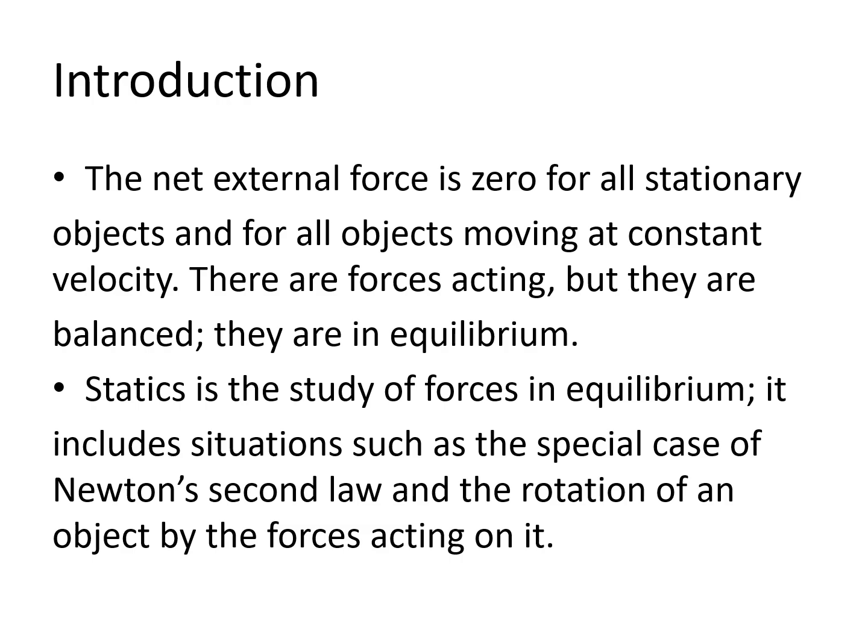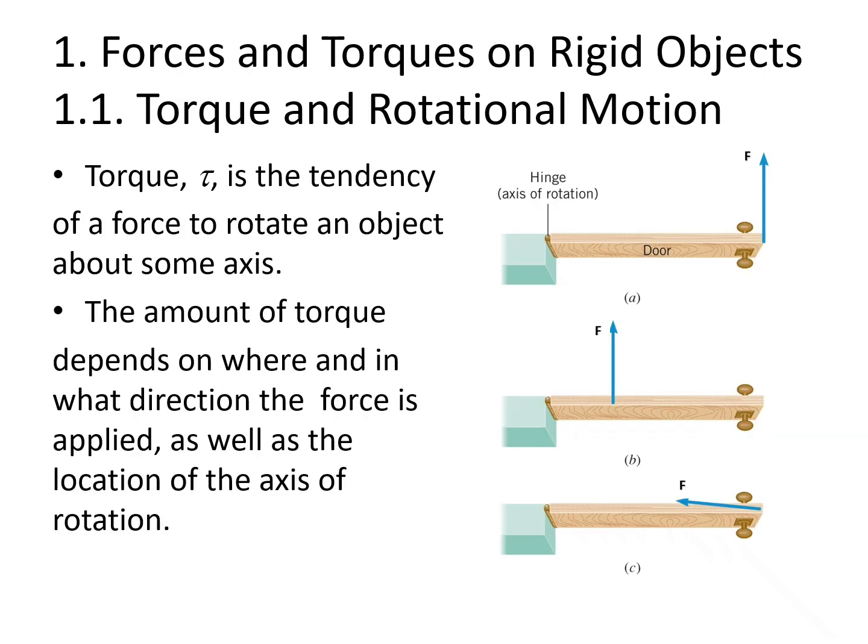Now let us define torque and look at what controls the turning effect of a force. Torque is the tendency of a force to rotate an object about an axis or pivot point. In the door example, the hinge is the axis of rotation.